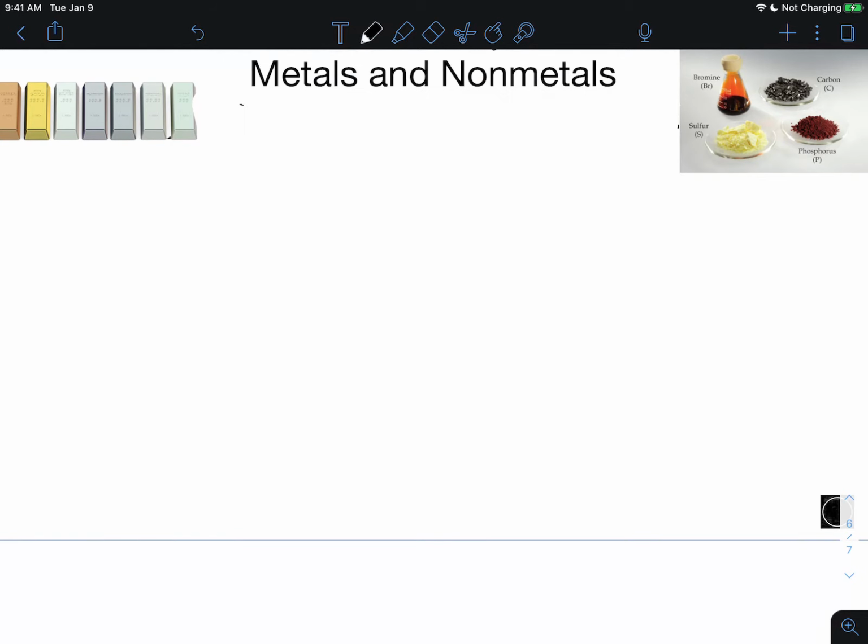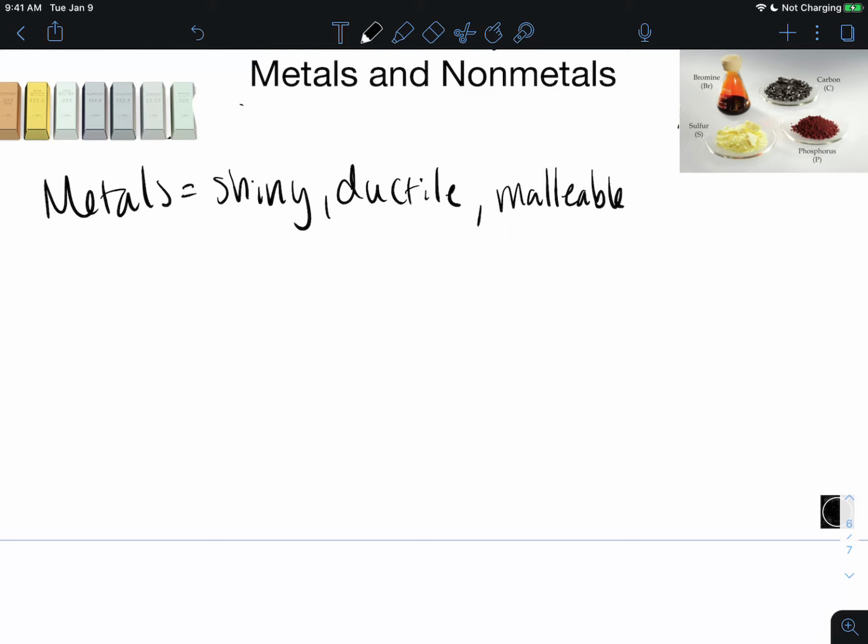Okay, I want to specifically talk about metals, nonmetals, and a little bit about our metalloids. So metals are going to be shiny, ductile. Ductile means they can be pulled into a wire. Malleable, they can be beat into a shape without breaking.